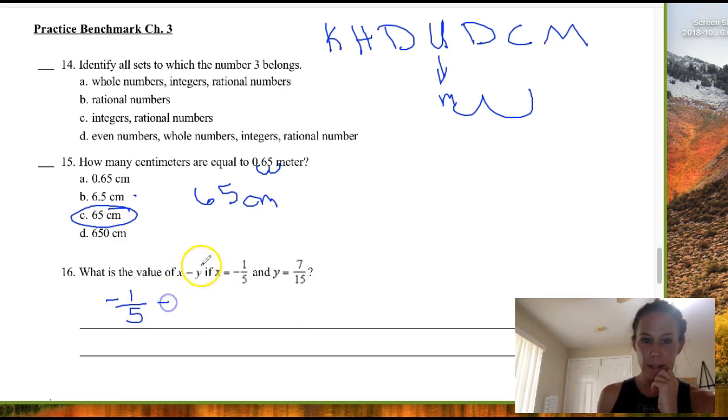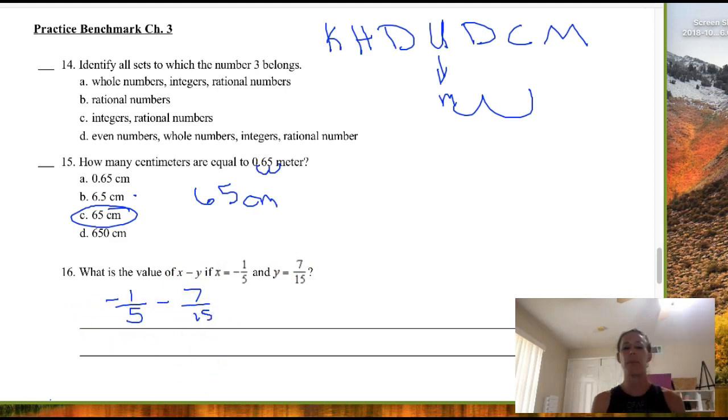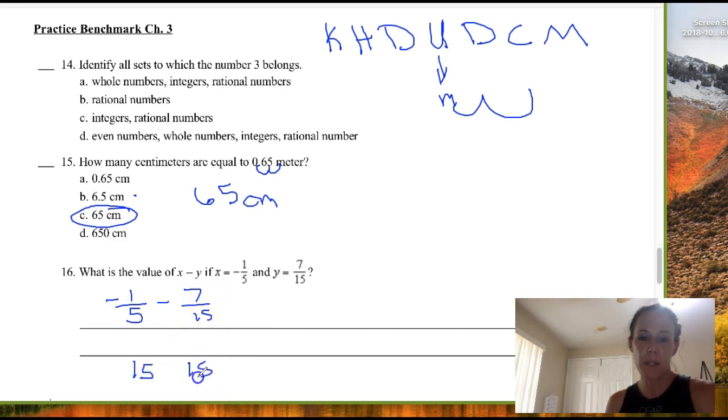So minus 7 over 15. So I'm subtracting these fractions. They don't have a common denominator, so I'm going to get them a common denominator. 5 does go into 15 evenly, so 15 will be the common denominator. This fraction right here already has that, so I'm not going to change this at all. It's just going to be negative 7 over 15.